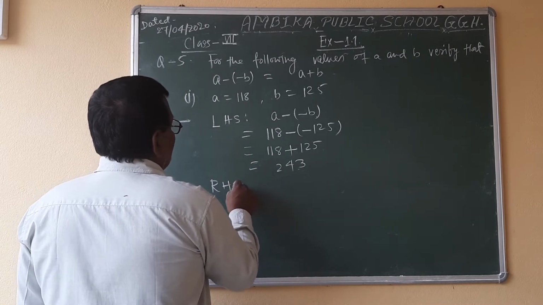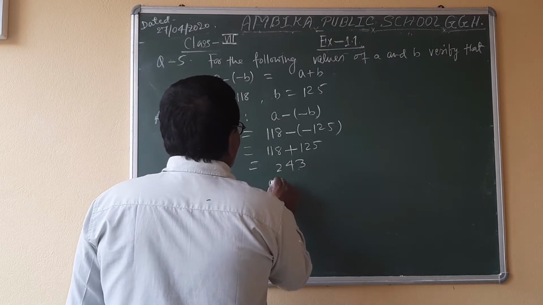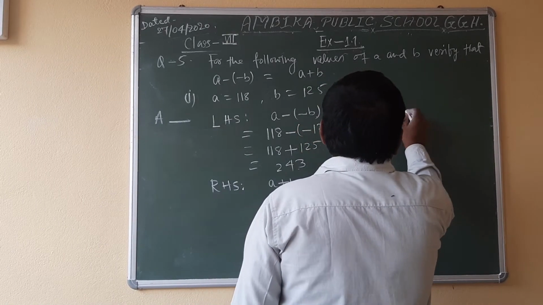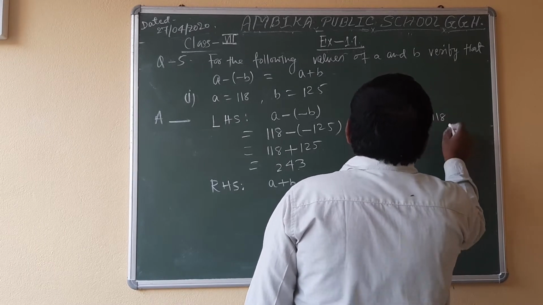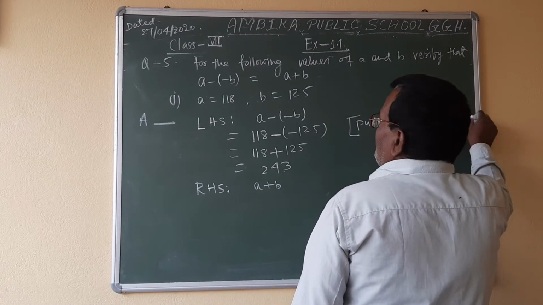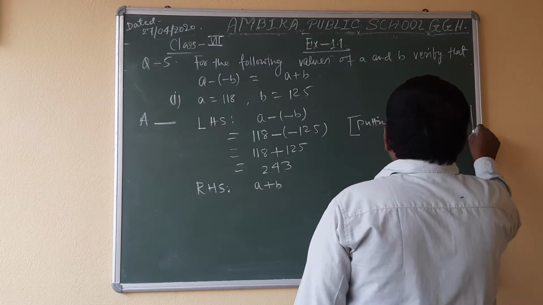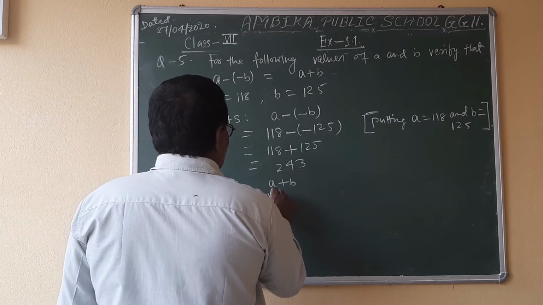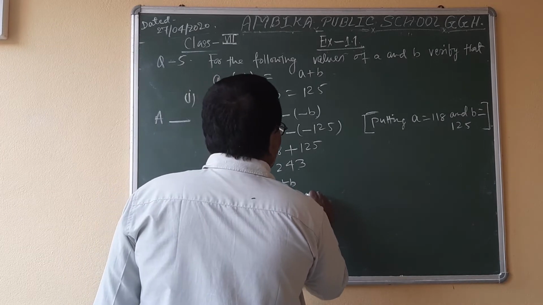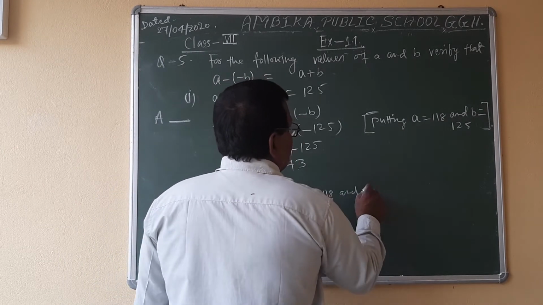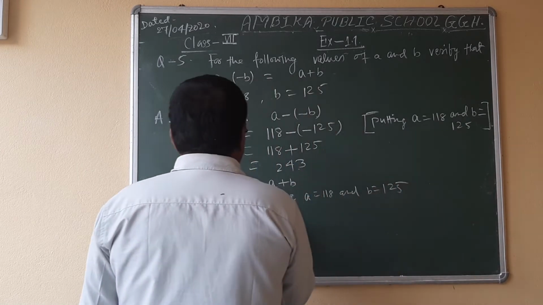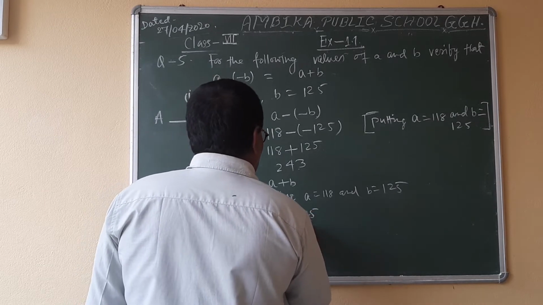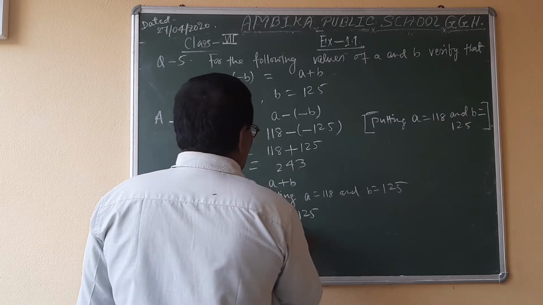Now RHS is equal to A plus B. On putting A is equal to 118 and B is equal to 125, we get 118 plus 125 is equal to 243.